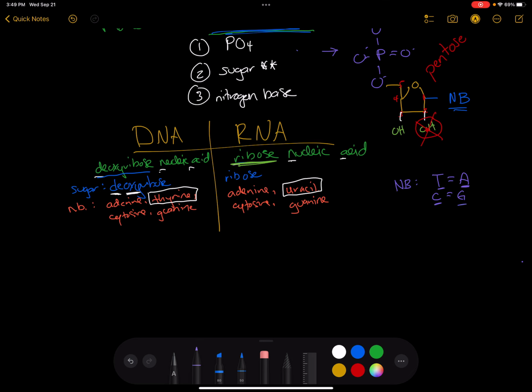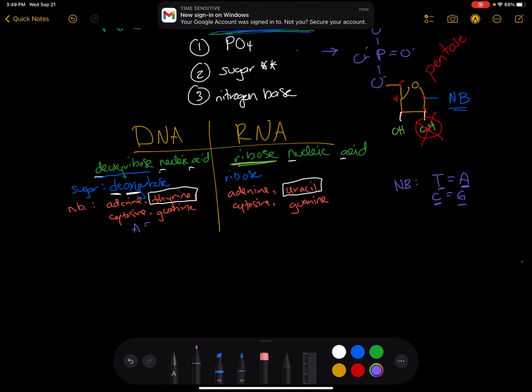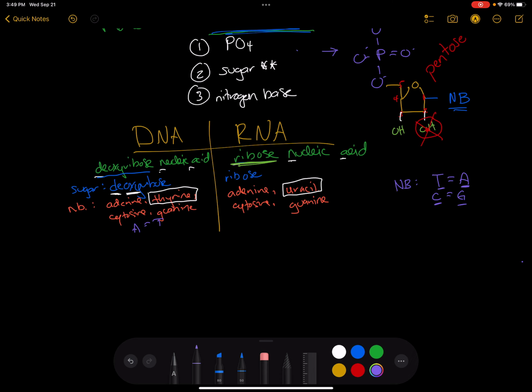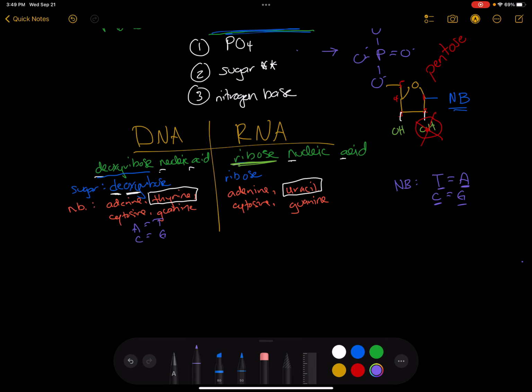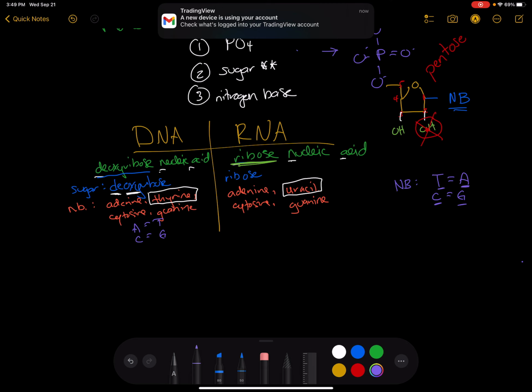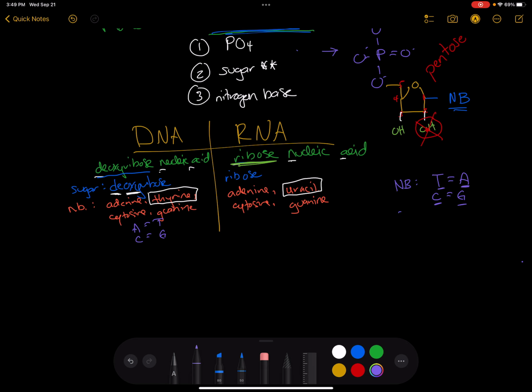So when we look at my DNA molecule, that adenine and thymine pair up, and then your cytosine and guanine pair up. Versus on RNA, if I'm looking at the nitrogen bases, my cars still go in the garage. That's the one that's the same throughout.